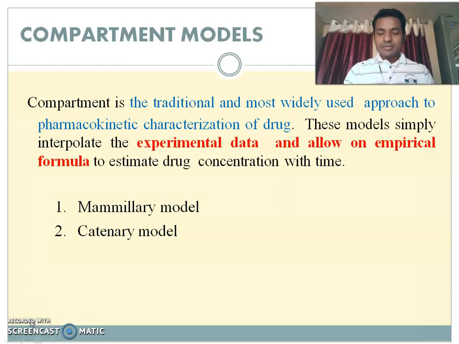So we can put the experimental data in the form of an empirical formula or mathematical equations. With the help of this mathematical equation, we can easily find out the drug plasma concentration with respect to time. Basically there are two types of compartment model. The first one is the mammillary model and the second is the catenary model.